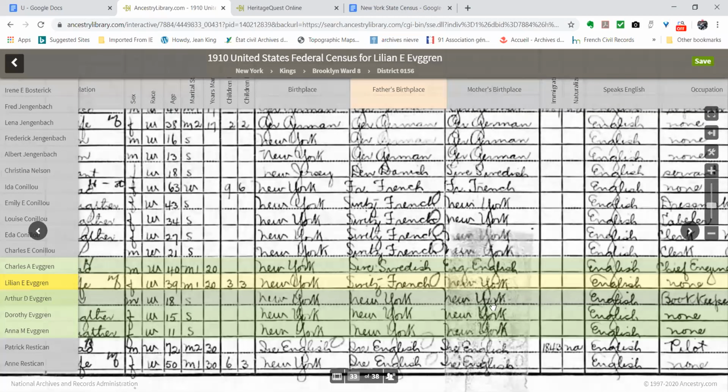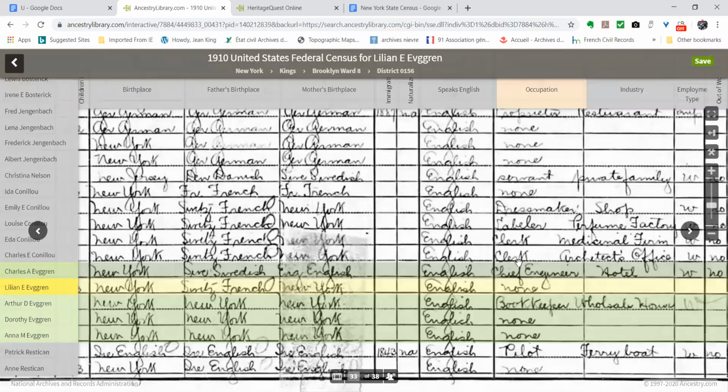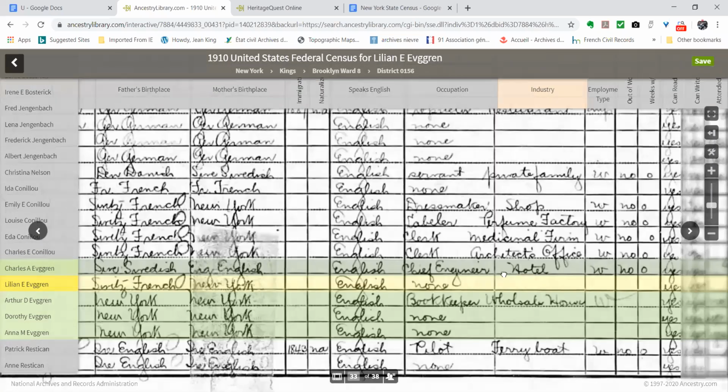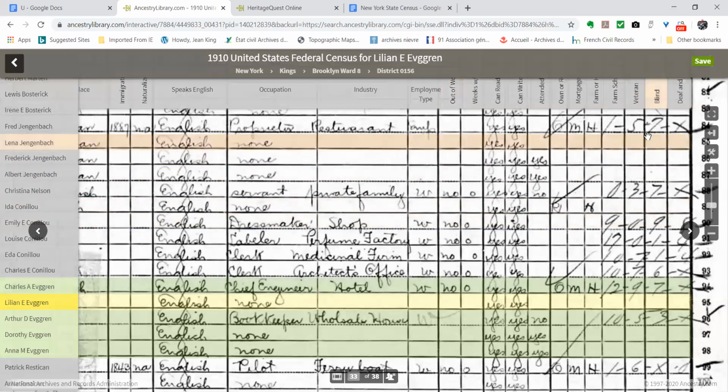It's asking again about the birthplace of the parents, what language, do they speak English, their occupation. And down here, they're asking questions about whether they're a veteran, are they deaf or blind, do they own or rent, do they have a mortgage, are they attending school, weeks out of work, employment type.